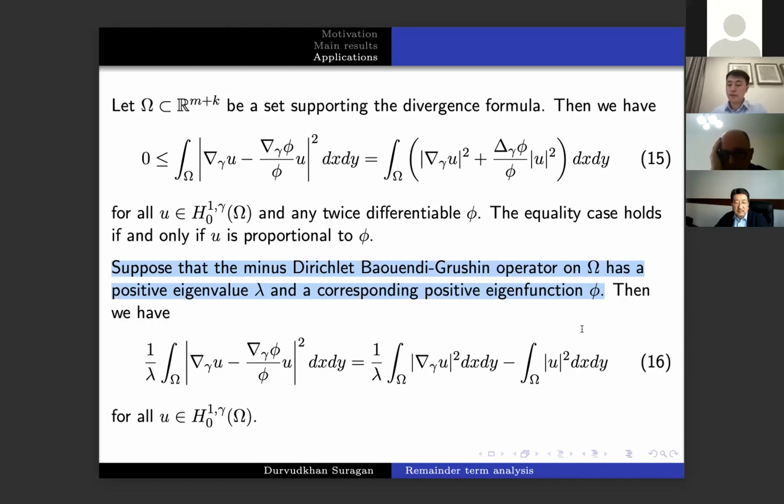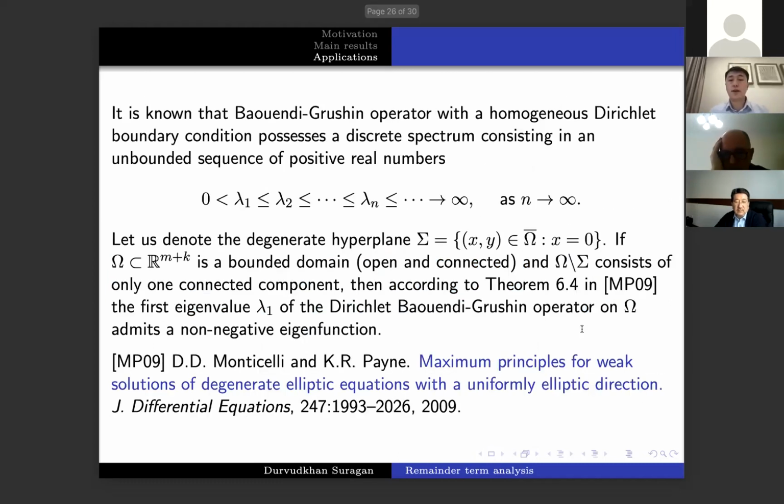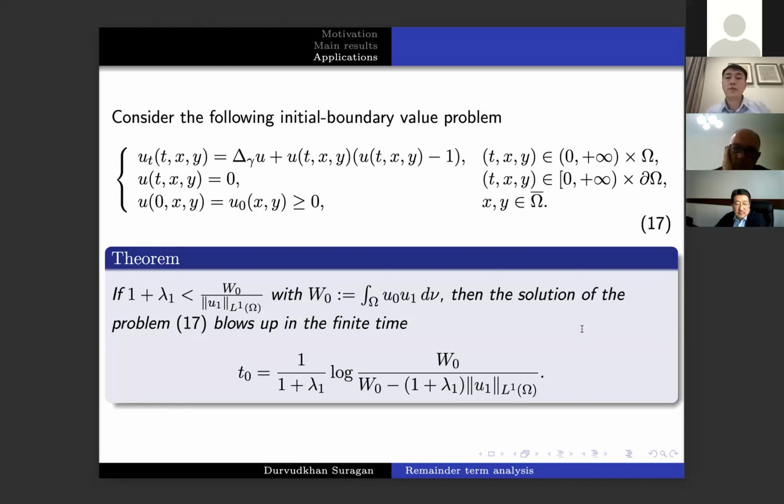Okay, now about applications. As in the classical case, the Poincare inequality has many applications. One of them is, for example, if you consider a nonlinear problem for the heat equation for the Grushin operator, and take some nonlinearity on the right-hand side.